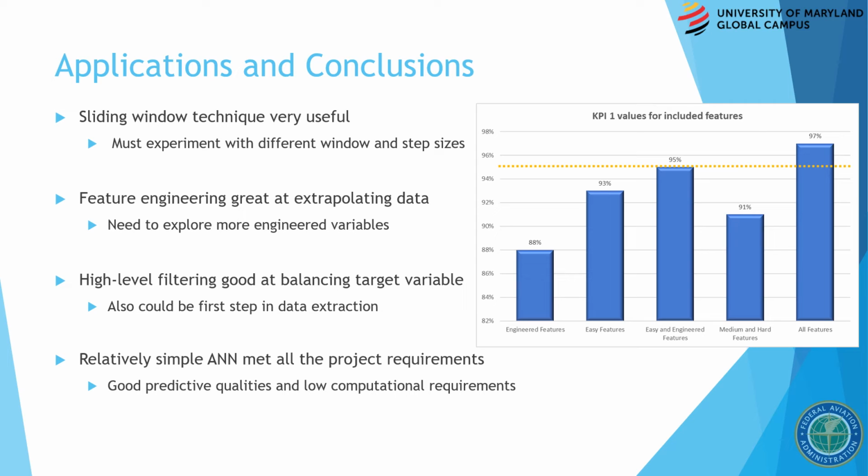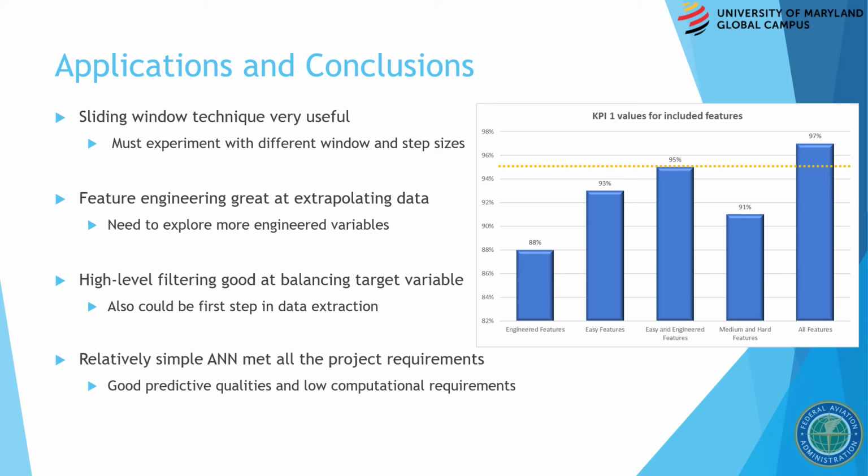The thing that you have to be careful of is you have to be able to experiment with different window and step sizes, which is probably where the most time is used in the actual computation, is finding what that is best. And I'll be honest that the times that may work for some maneuvers may not work for other maneuvers. So you may have to go through the data several times to develop different window sizes based upon what maneuvers you're trying to detect.